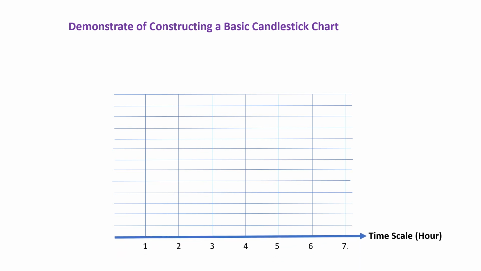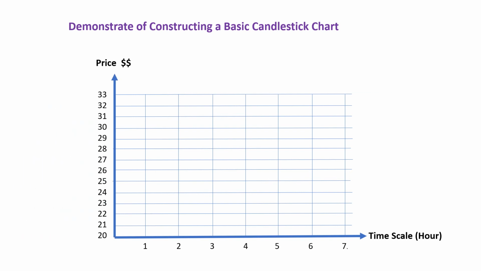And this is the horizontal axis, and let's assume these numbers on this axis are candles formed in different time intervals of 1 hour. This is the vertical axis. This chart represents the price scale of open, close, high, and low prices of the time period you are representing.